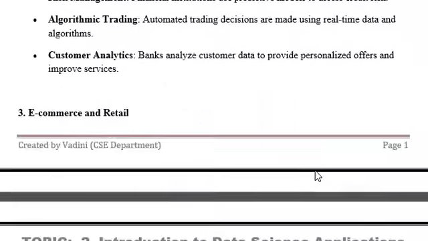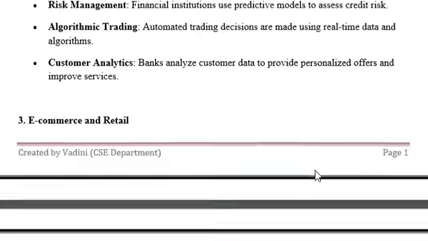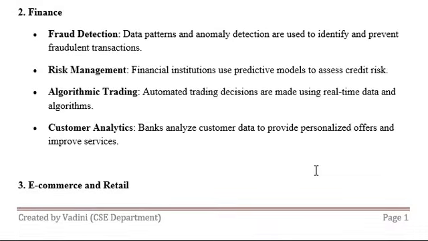Then we have finance. In finance, we have fraud detection, where data patterns and anomaly detection are used to identify and prevent any fraudulent transaction.